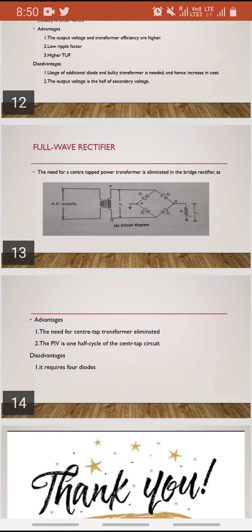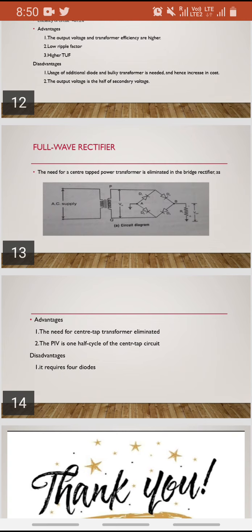This makes diodes D1 and D3 forward biased, while diodes D2 and D4 are reverse biased. Therefore only D1 and D3 conduct. These two diodes are in series through the load RL. The current flows from A to B through the load RL.